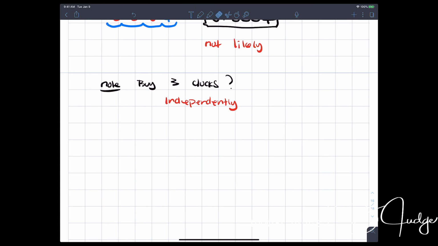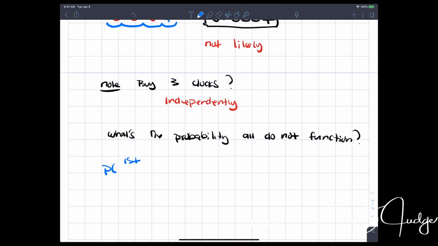The question again is, what's the probability? Here's my question. Let's write that down. What's the probability now that all do not function? That's the first, does not function.